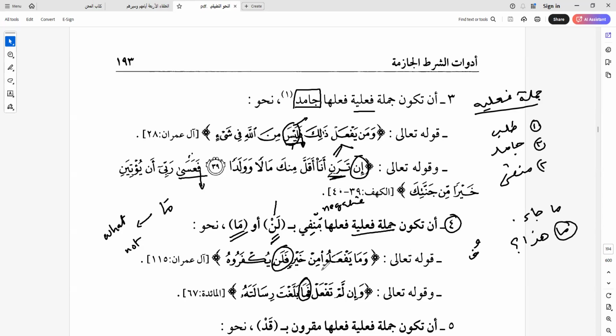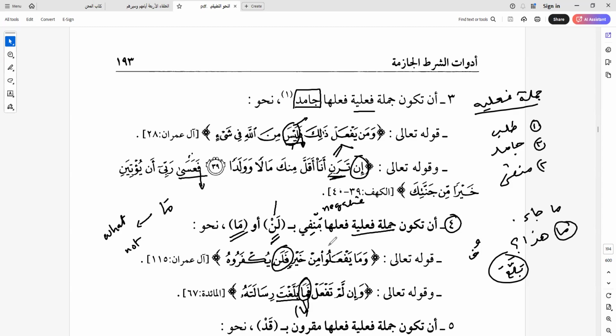No. Grammatically, you need to bring fa here because of the word ma, right? And what jumla is that? فعلية. بلغ, فما بلغت. Balagha means to deliver or to propagate or to disseminate.